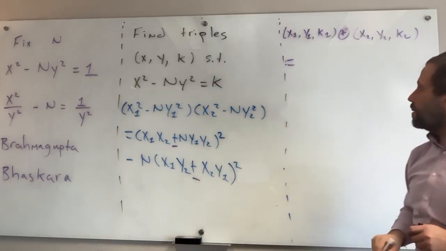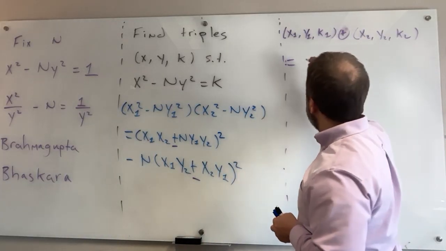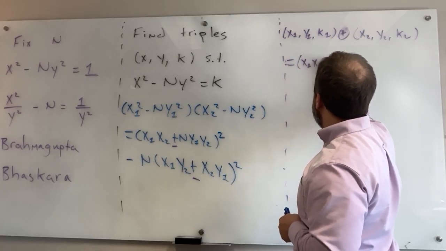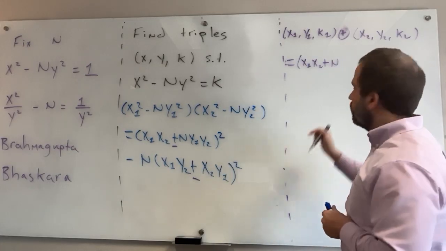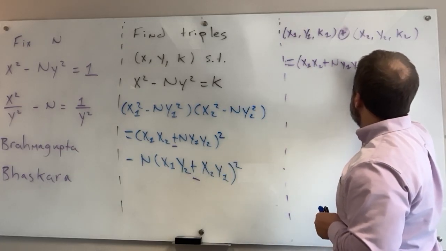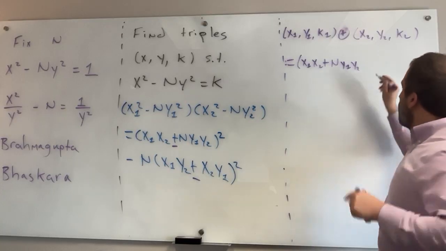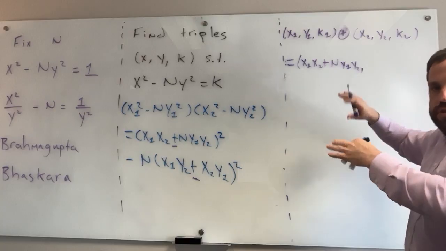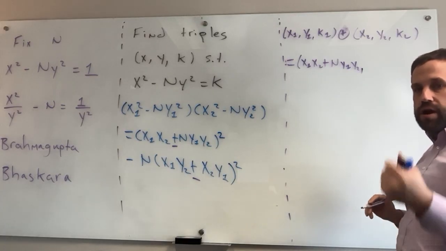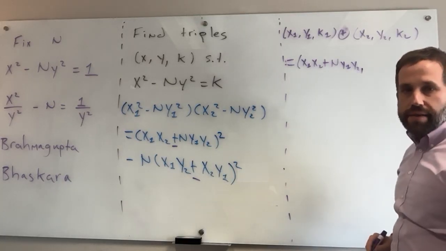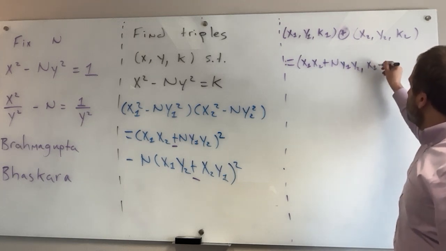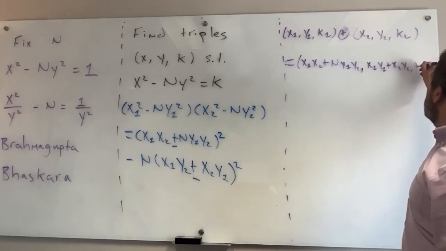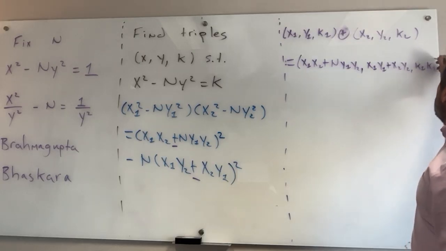The little colon there means I'm defining it. It's going to be x1, x2 plus n y1, y2, and so it's going to be another triple, I should say. So we're going to take two triples, add them together in this weird composition operator, and it's going to give us another triple. And then we're going to have x1, y2 plus x2, y1, and then k1 times k2.